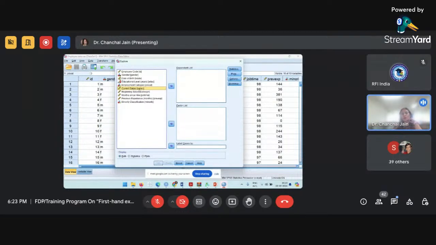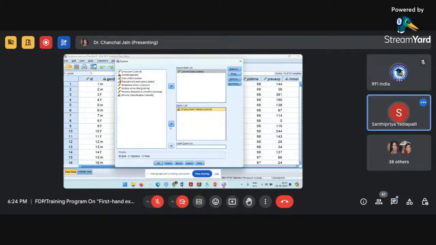You need to shift this variable into the Dependent List box. Further, you need to select your job category, which is named employment category, and shift it into the Factor List box. I hope the shifting is done.